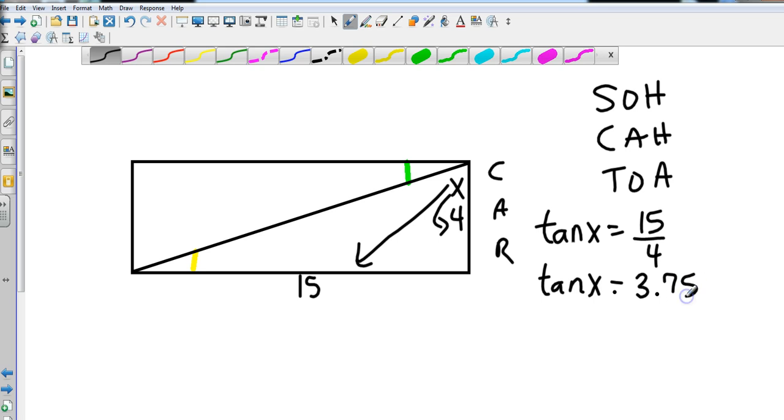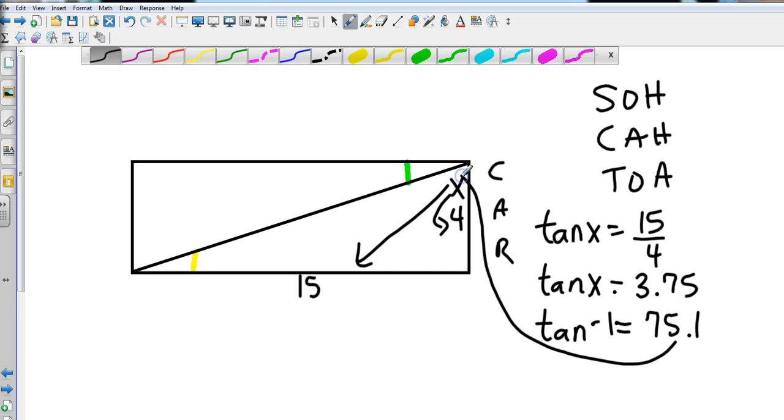So this is when we hit our tangent inverse button for 3.75. And that gives me an angle of approximately 75.1. Now, remember, that is this angle.